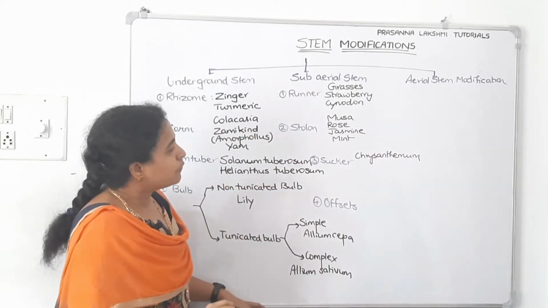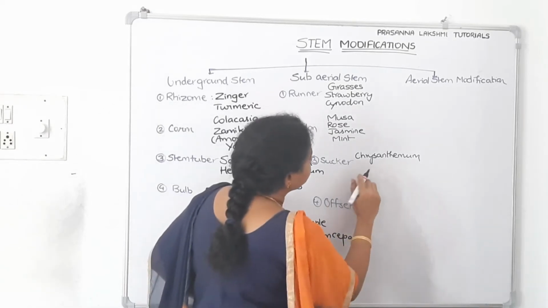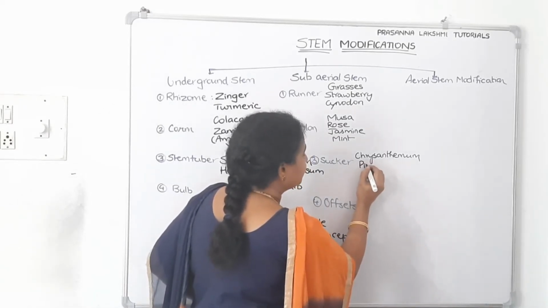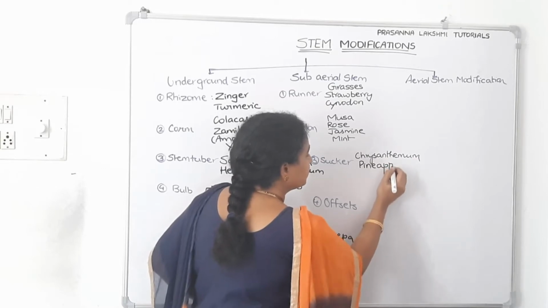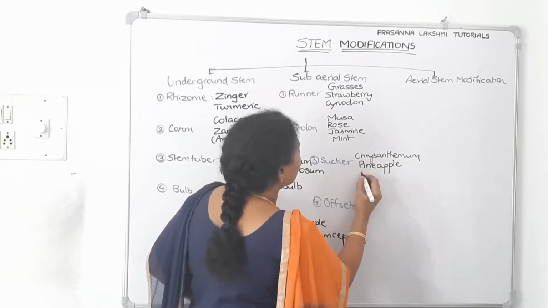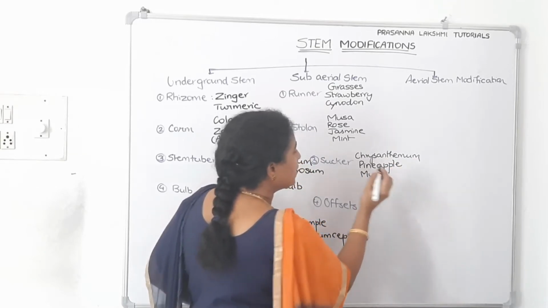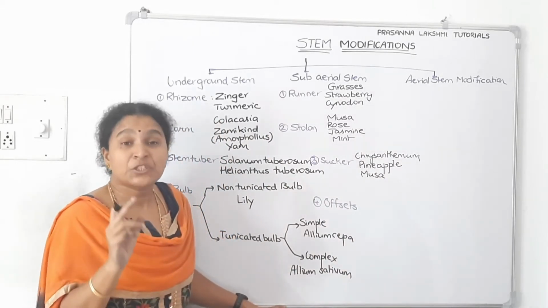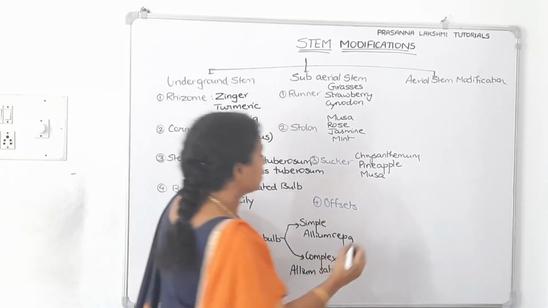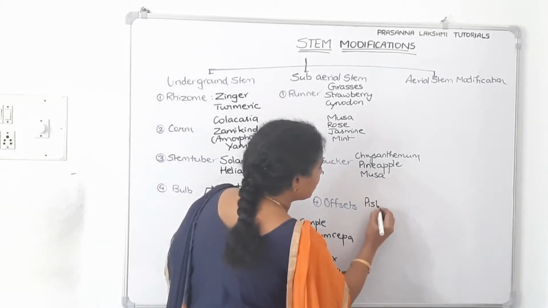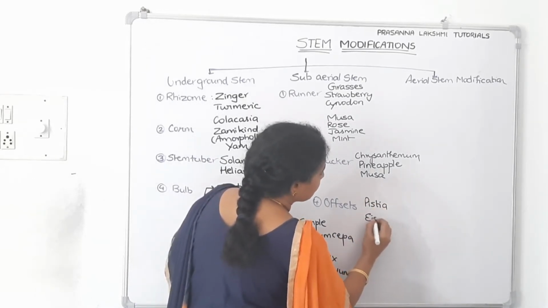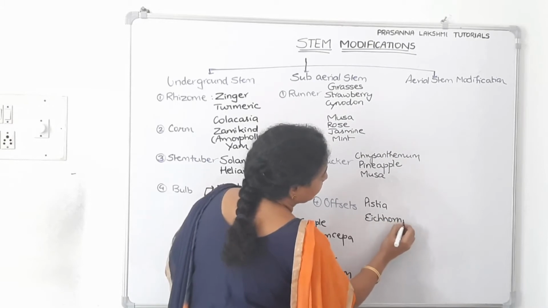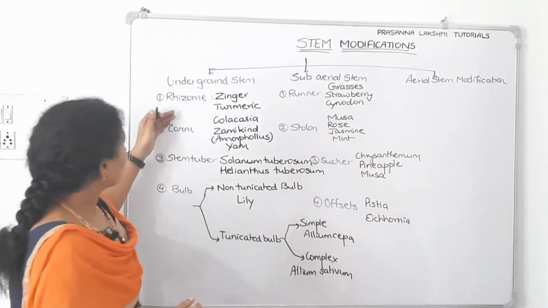Another example for sucker is pineapple. Banana can be a stolon also, it can be a sucker also. Offsets means floating plants, aquatic plants. For offsets, one is Pistia, the other one is Eichhornia.